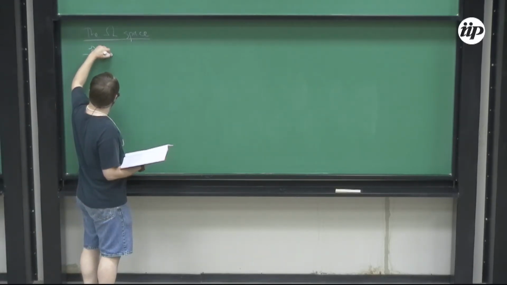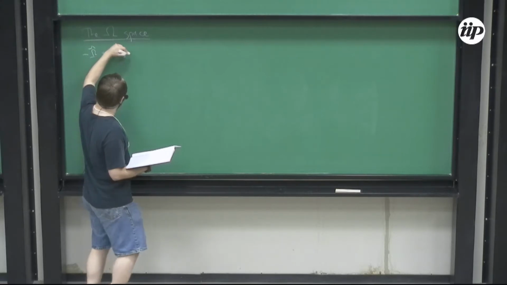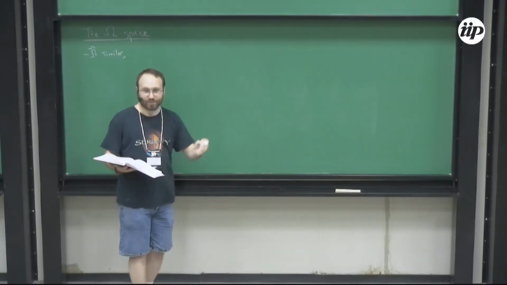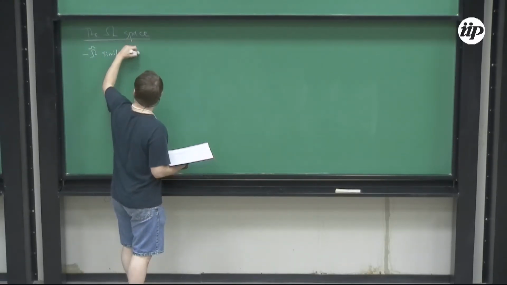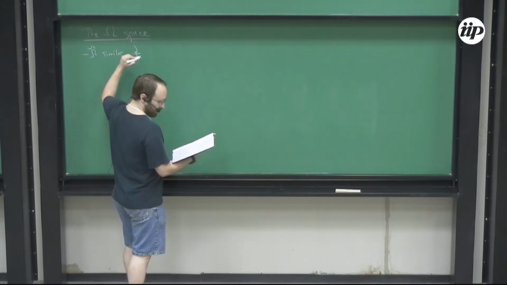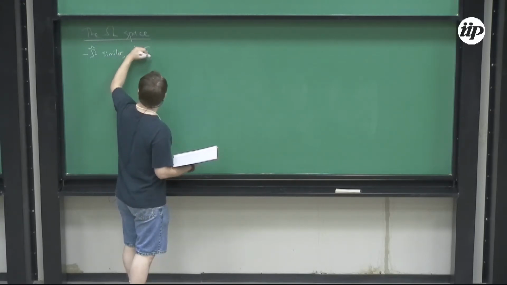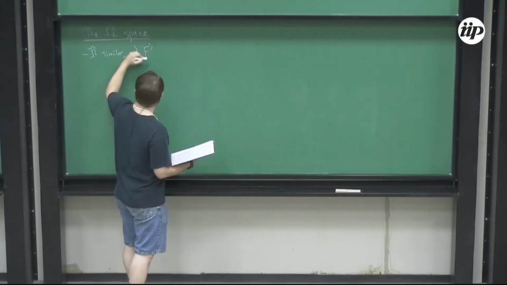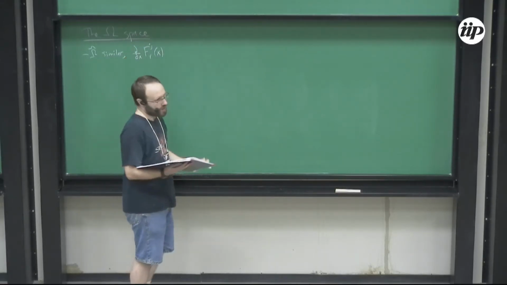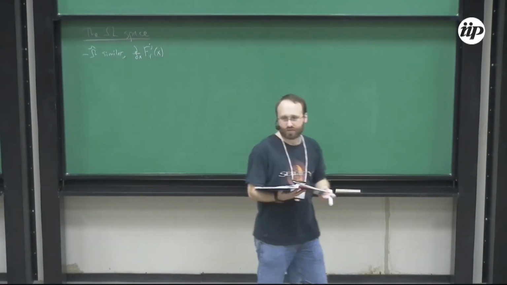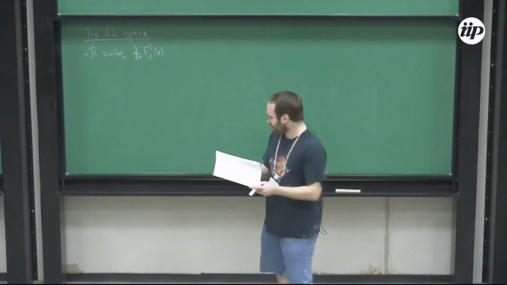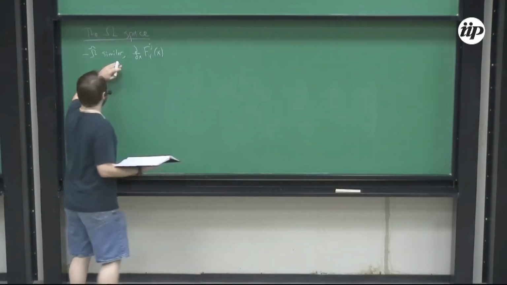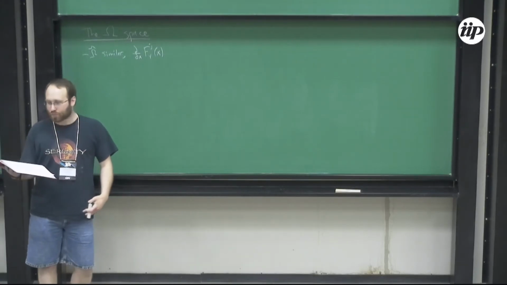Omega tilde, while it's a similar derivation, now involves derivatives of these f functions. So it'll have some objects like d dx f j nu of x showing up in its expression. But it's also going to be of weight 2 times the loop order.